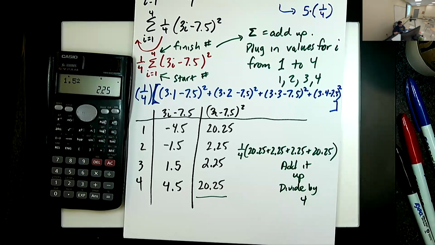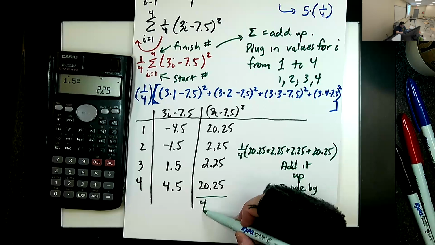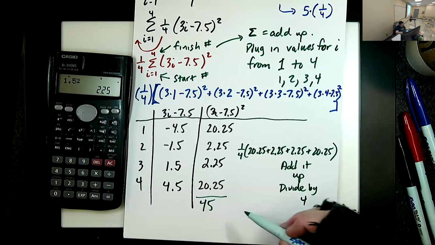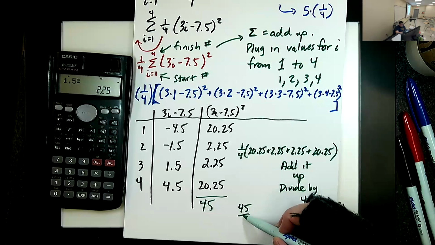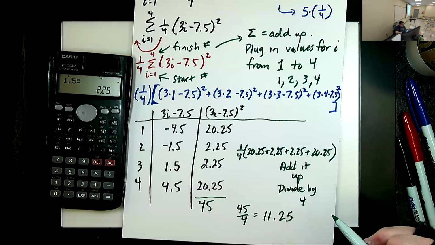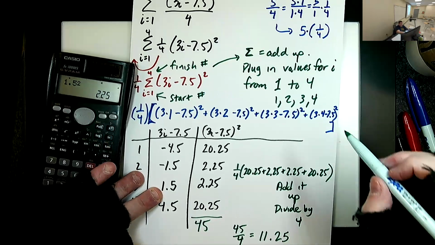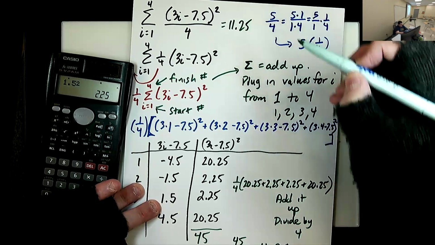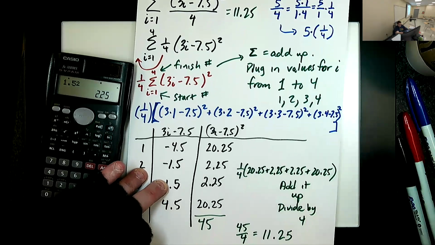Or multiply by 1/4, but I think in the calculator it's easier to divide by 4. If we add those up, we get 45. And if I divide 45 by 4, I get 11.25. So that's my value up here, 11.25. That's what that summation thing means.